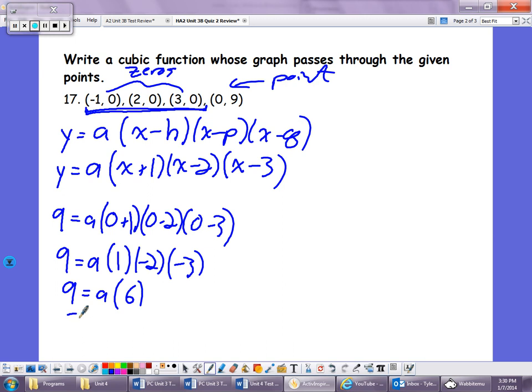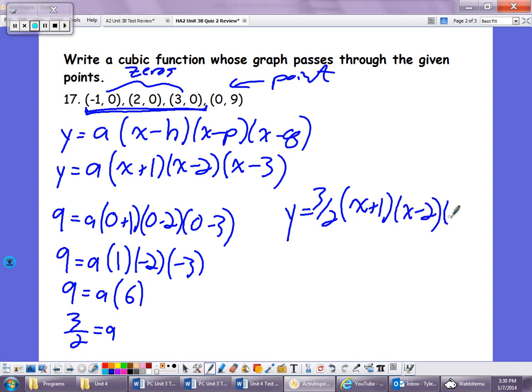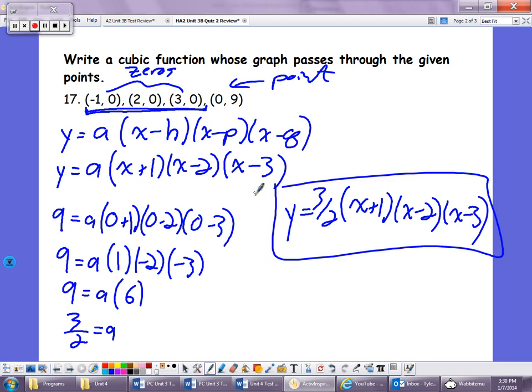Divide by 6. So you get 3 halves equals a. So then your final answer here, you could just leave it in factored form. 3 halves, x plus 1, x minus 2, x minus 3. And that would be your answer. And it's fine to leave it like that.